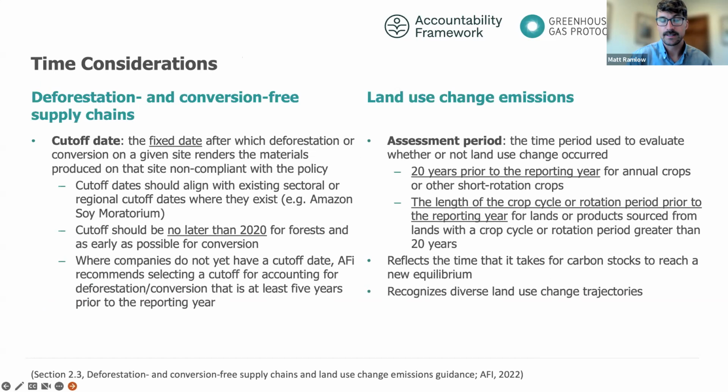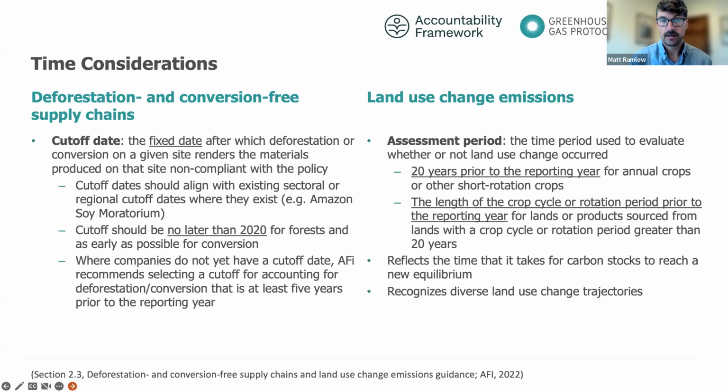So one of the areas where there are some slight differences between the two frameworks, and again, this is building on precedent within the space as these two different areas have evolved over time, is on the time considerations. So deforestation and conversion-free supply chains are assessed relative to a cutoff date. The key thing to note here is that this is a fixed date after which deforestation or conversion on a given site renders the materials produced on that site non-compliant with the policy.